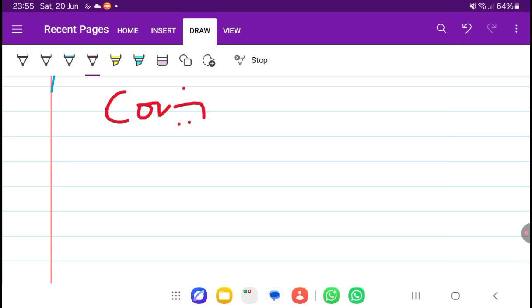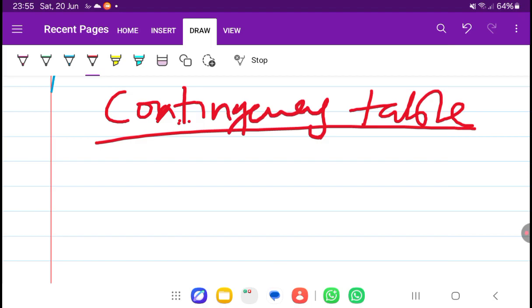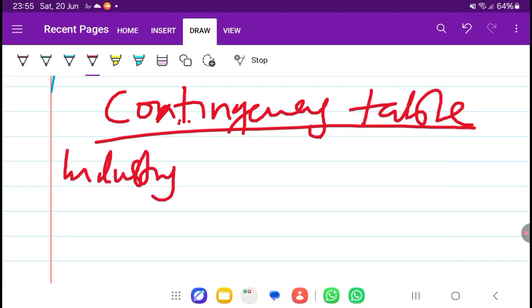Let's look at a contingency table. Maybe we also add in the contingency table. Of course, we can have maybe the industry, then establishments.